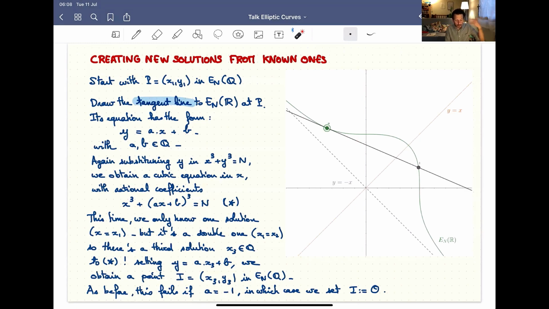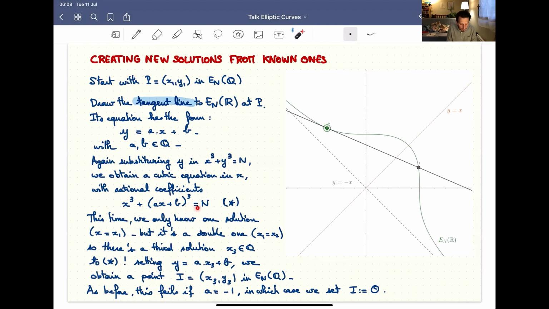So we have just 1 point, and we draw the tangent line. And sort of the same process will give you another point I. You have a line, you can write down its equation. The coefficients of the line are rational numbers. You substitute for y in the original equation x cubed plus y cubed equals n. You again obtain a cubic equation in x.